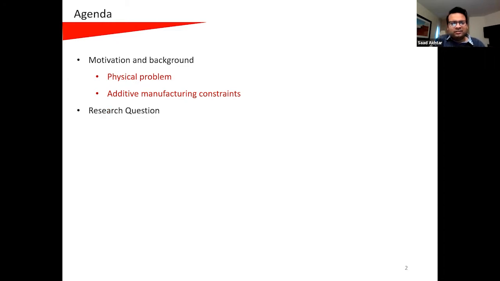The background leads to the research question that was formulated. That will proceed with a bigger overview of topology optimization, with an example that was done in the first part of my postdoctoral work.